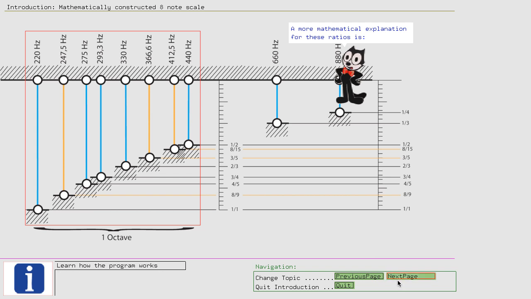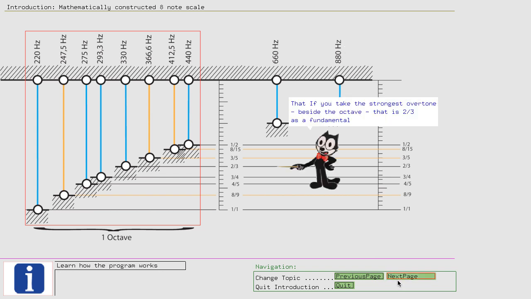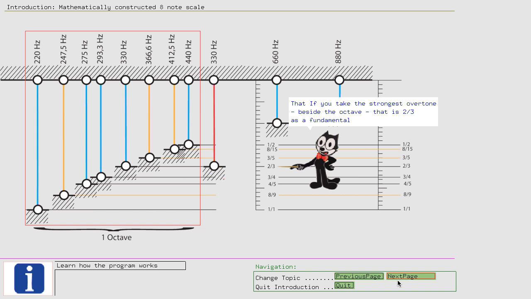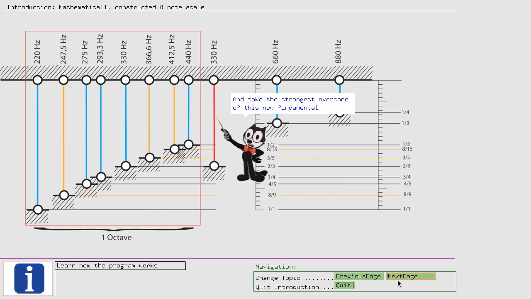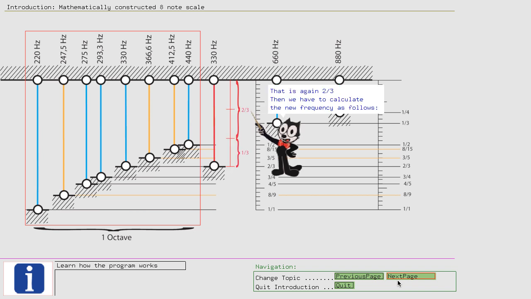A more mathematical explanation of these ratios is that if you take the strongest overtone besides the octave, that is 2/3, as a fundamental, and take the strongest overtone of this new fundamental, that is again 2/3, then we have to calculate the new frequency as follows.